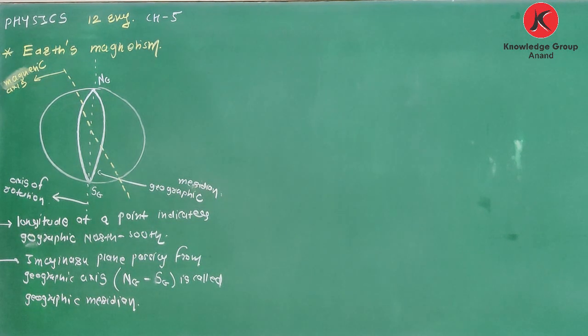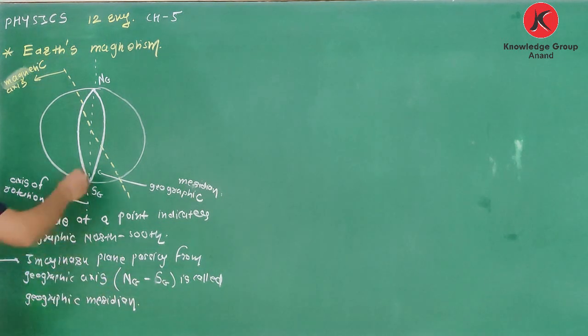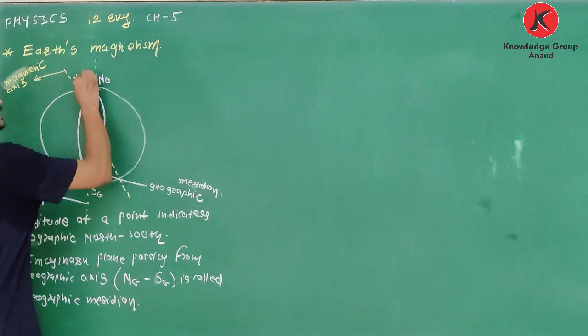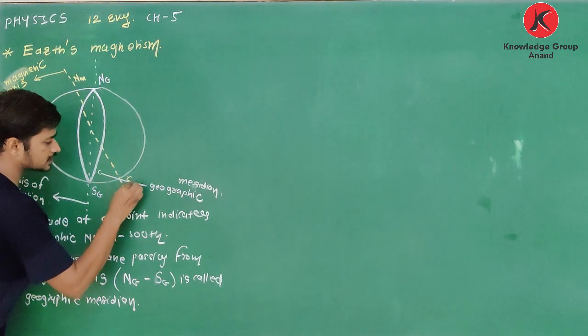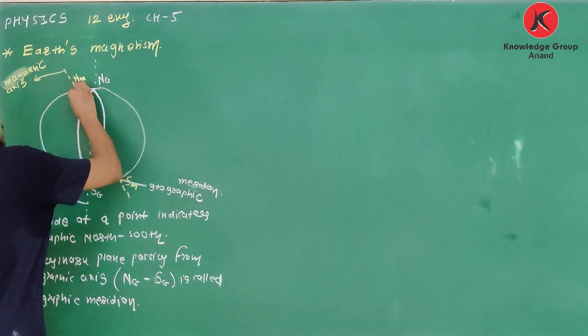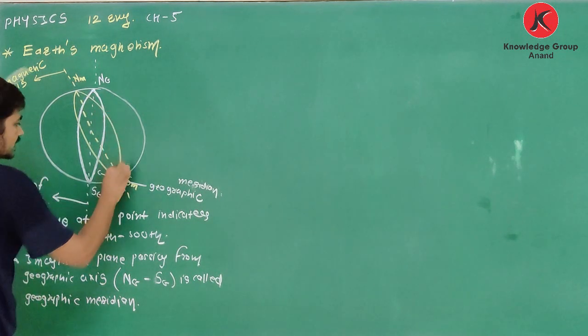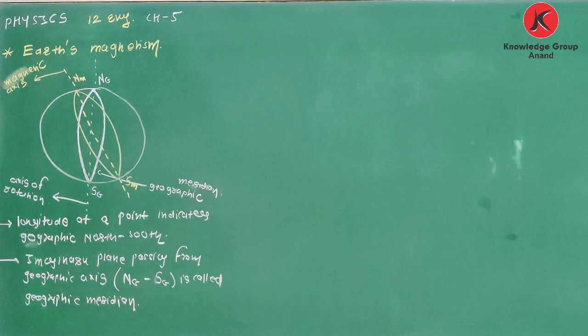Magnetic axis. Similarly, the imaginary plane passing through the magnetic axis, that is through magnetic north and magnetic south, is called the magnetic meridian. We know that it is magnetic north and it is magnetic south. So one imaginary plane passing through the magnetic axis, or through magnetic north and magnetic south, is called the magnetic meridian.